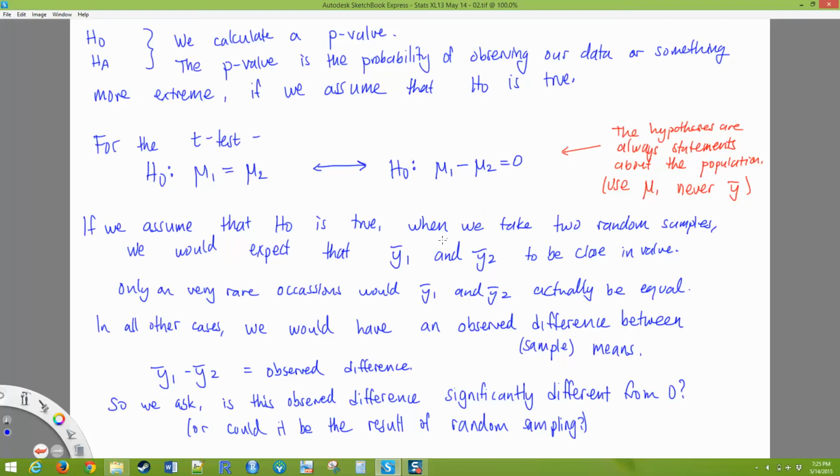All right, and so this brings in the concept of statistical significance. We'll go through the test, but basically if y bar 1 minus y bar 2 is large, that would probably lead us to the conclusion that the difference is statistically significant.